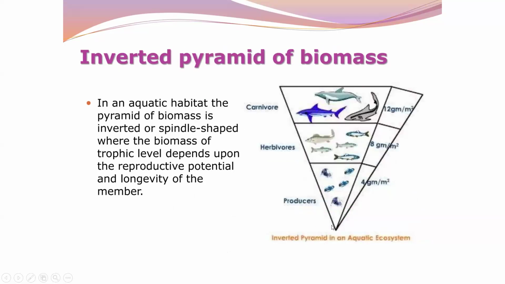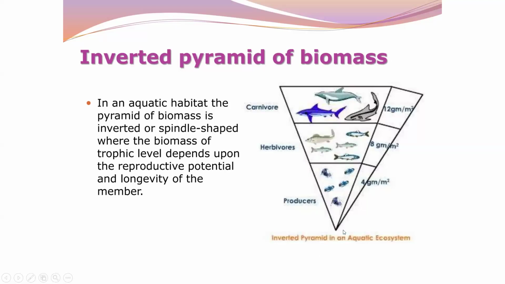The weight of these phytoplanktons is very less compared to the carnivores or herbivores, the other fishes. So the producers' weight is less compared to the herbivores and carnivores. As the trophic level increases, the biomass increases in the aquatic ecosystem.